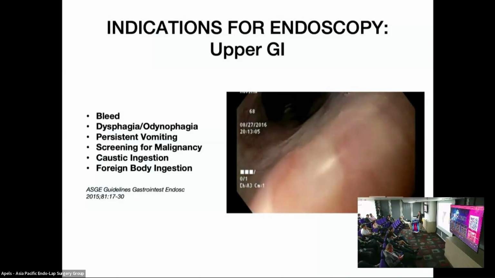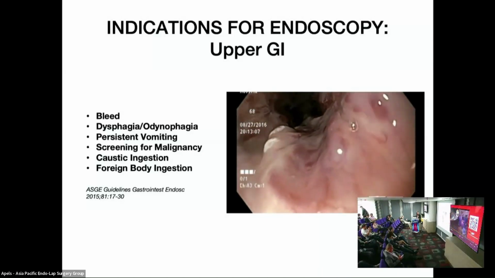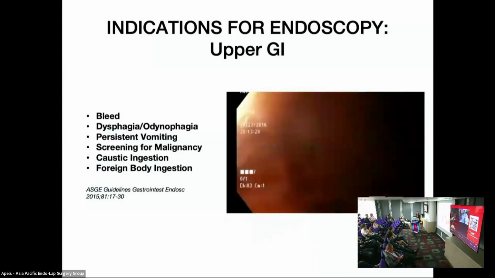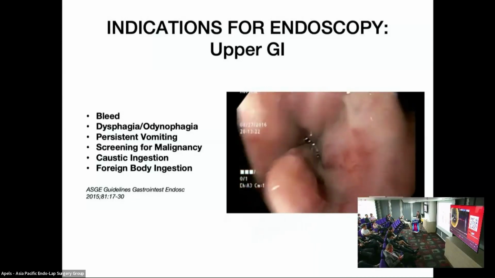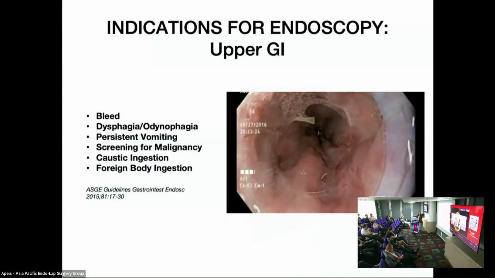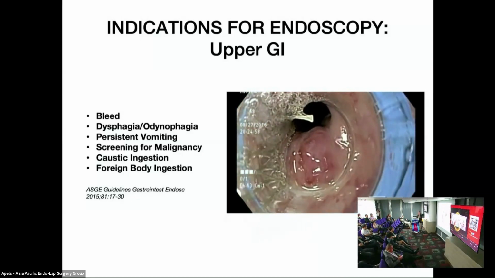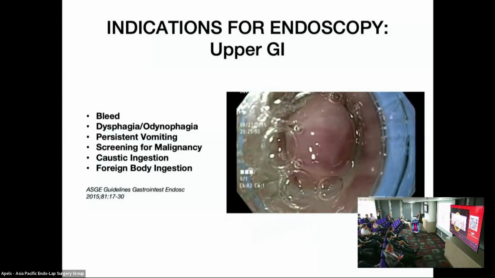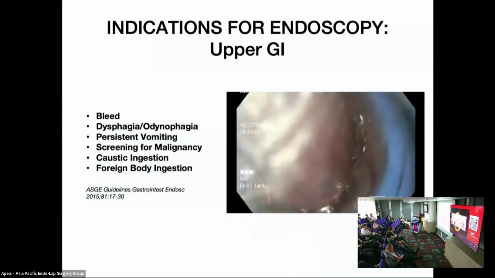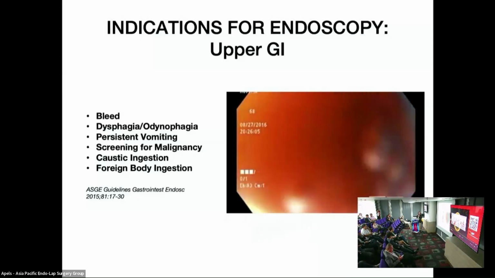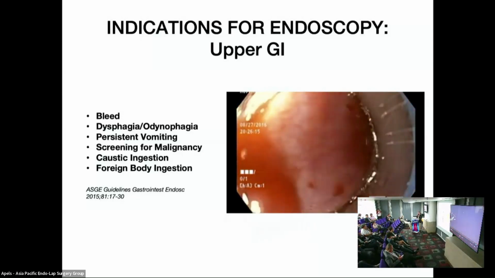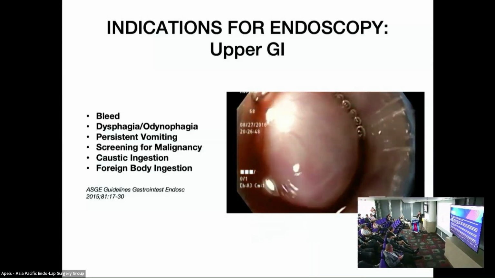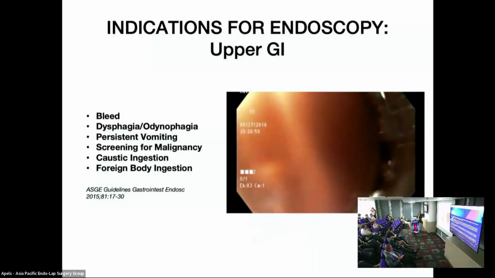So I'll just run through the indications for endoscopy, specifically for upper GI endoscopy. If you want to see the whole list of indications for upper GI endoscopy, just look for the ASGE guidelines. But basically, it's for bleeding, dysphagia or odynophagia, persistent vomiting, screening for malignancy, caustic ingestion, and foreign body ingestion. Just like in the video shown, this is rubber band ligation of esophageal varices.